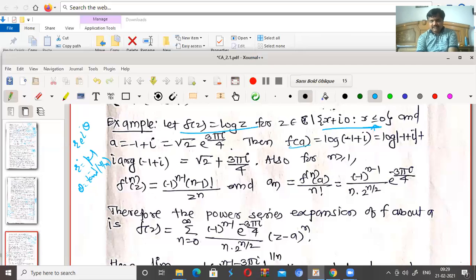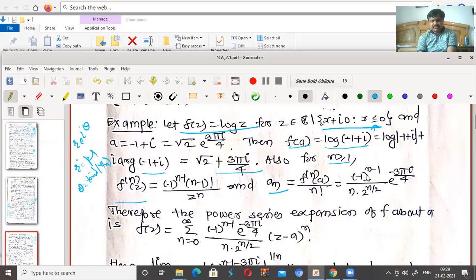Then f of a is log of minus 1 plus i, which is equal to log of the mod of this plus i into the argument of this, which is log square root of 2 plus 3 pi by 4 i. Also for n greater than or equal to 1, the nth derivative f_n at z equals minus 1 to the power n minus 1 into n minus 1 factorial upon z raised to n, and a_n is f_n at a divided by n factorial.